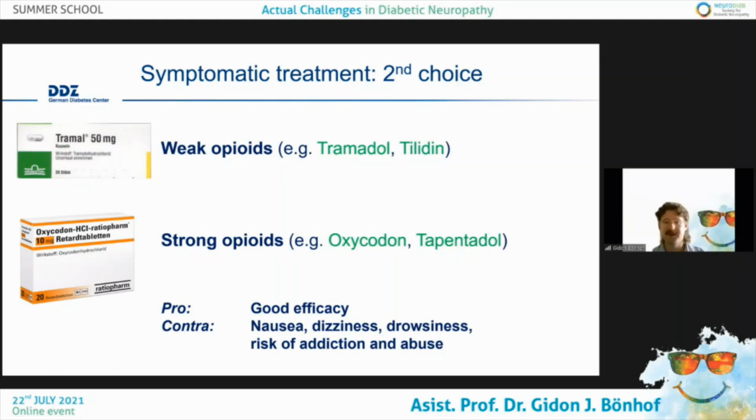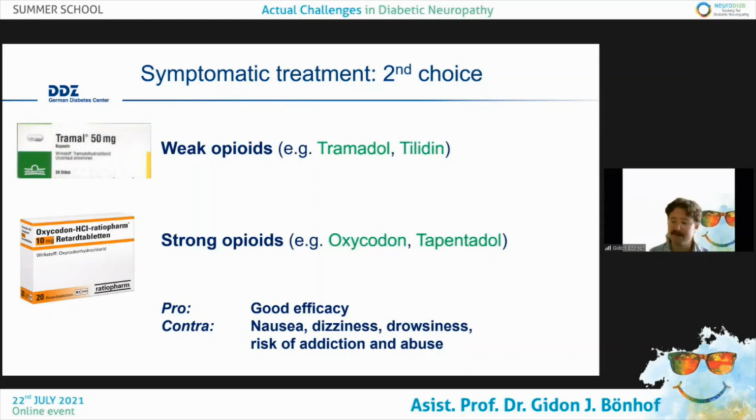And there's quite a debate whether you should prefer monotherapy or combination therapy. But in my opinion, you can try combination therapy if you tried the highest possible dose of one substance.